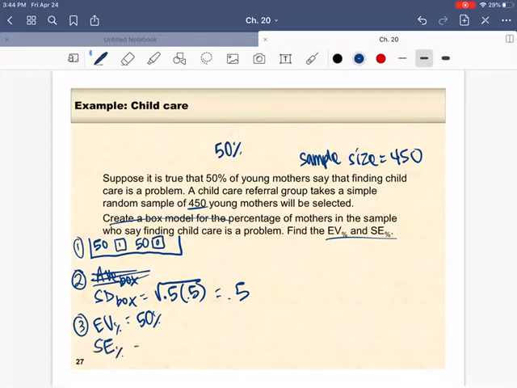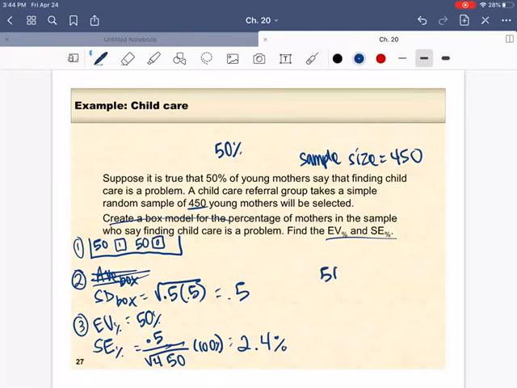So then the standard error percent is the standard deviation of the box divided by the square root of the number of draws, times 100 to change it to a percent. So we get 2.4%.